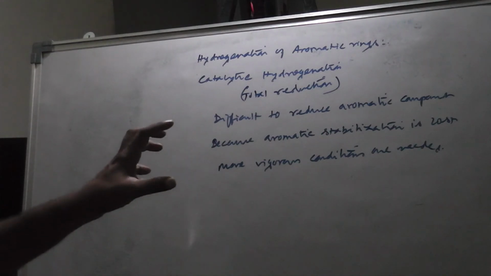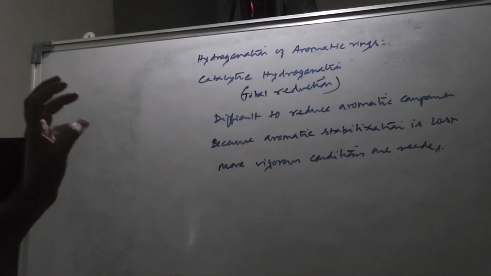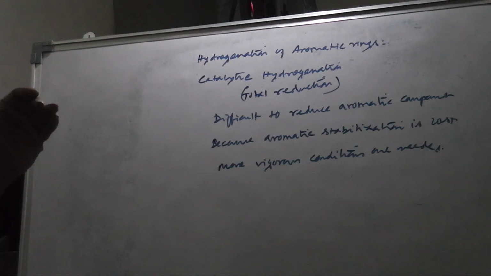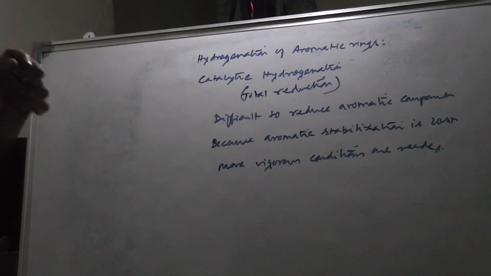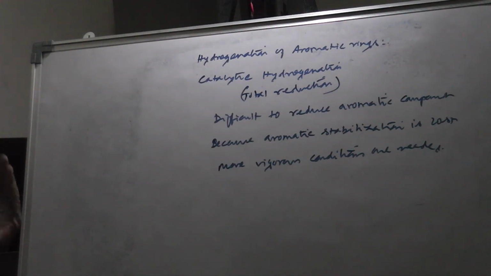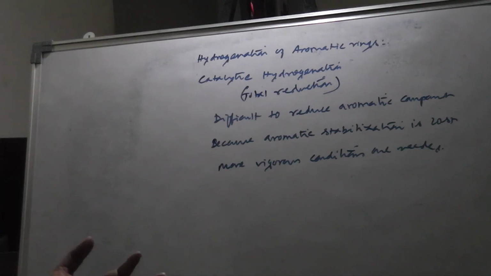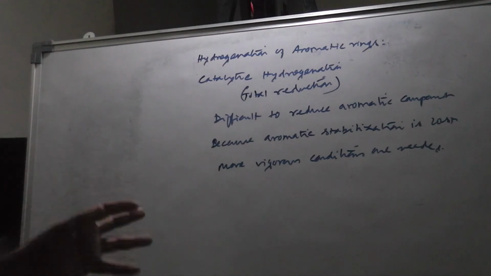The condition depends on how much resonance energy there is for that particular substrate. A substrate with lower resonance energy can be reduced faster, while one with higher resonance energy will reduce slowly.